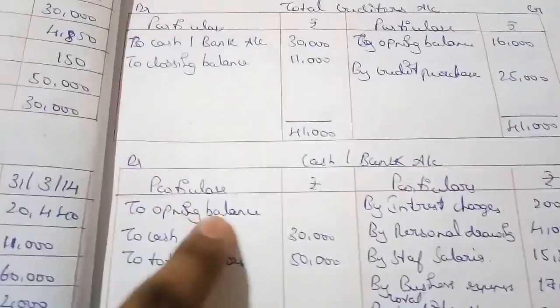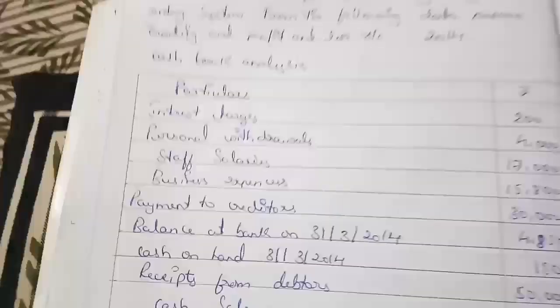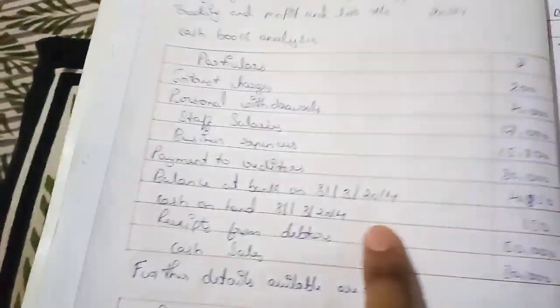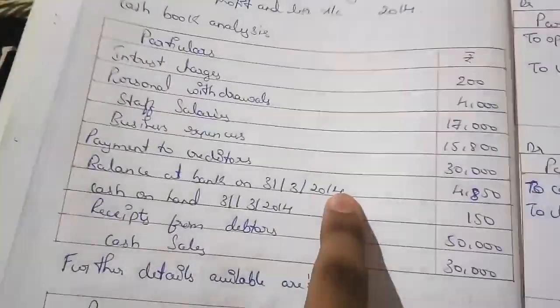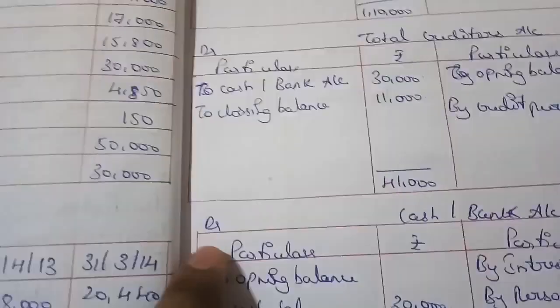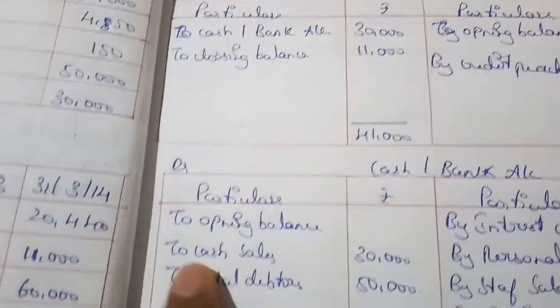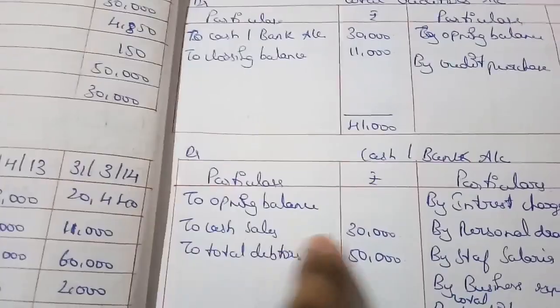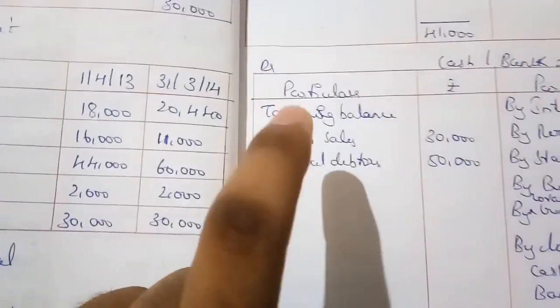Okay, and here we don't have opening balance. See guys, look down here, we don't have opening balance. We have closing balance 14. It is the closing balance. So I have left it empty. Then to cash sales means here only this cash sales will come here, only cash sales.